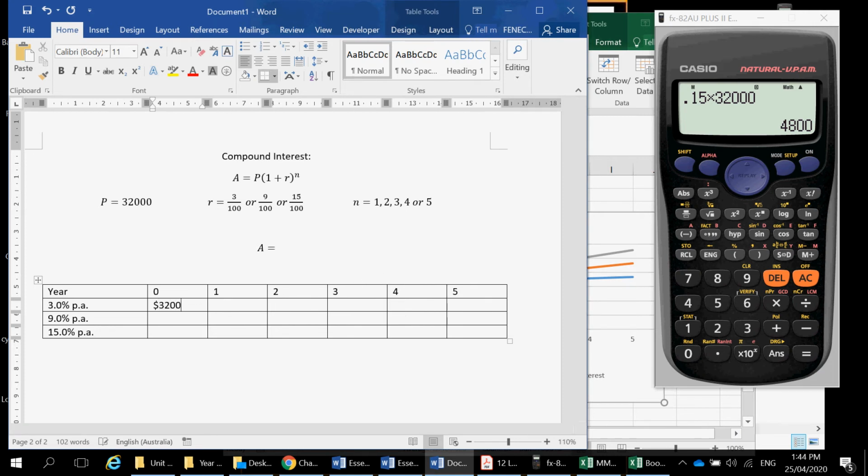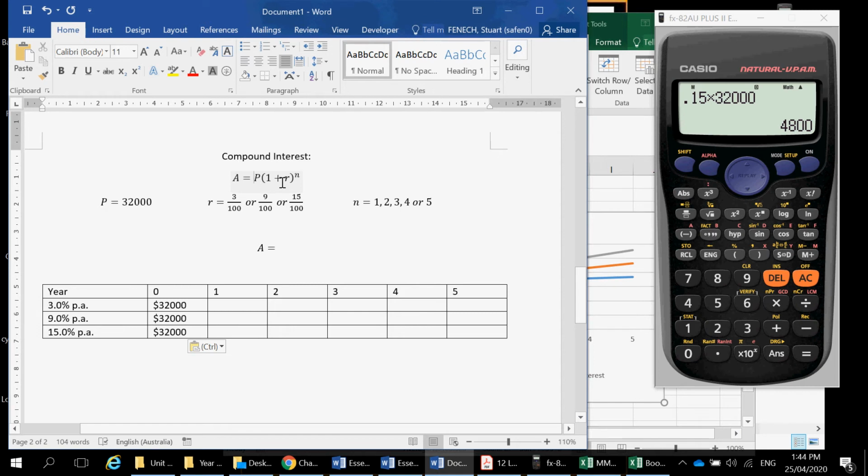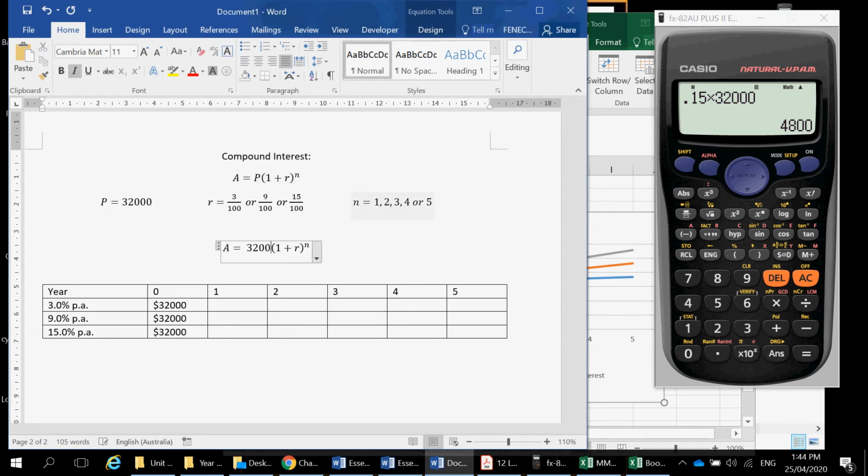So here, we still start with the same amount, 32,000. In our formula, P is going to be 32,000, R is whatever it should be for the appropriate row, and N is the number of years up here.